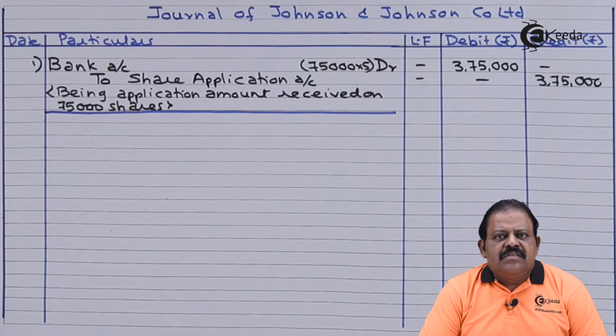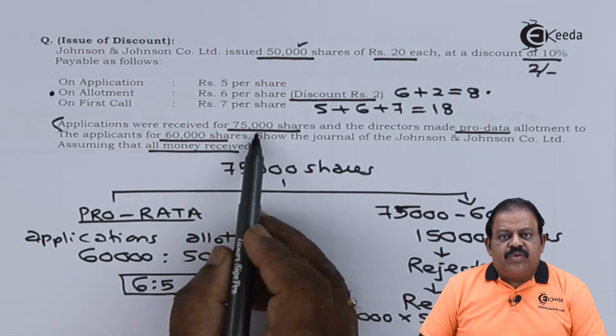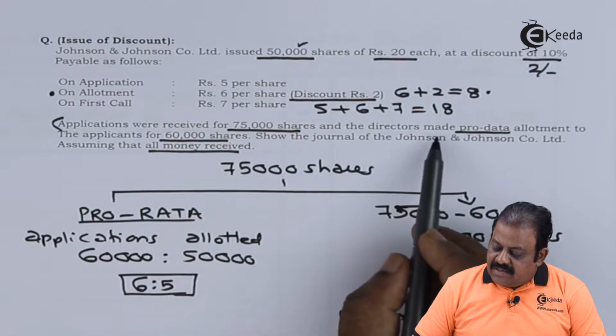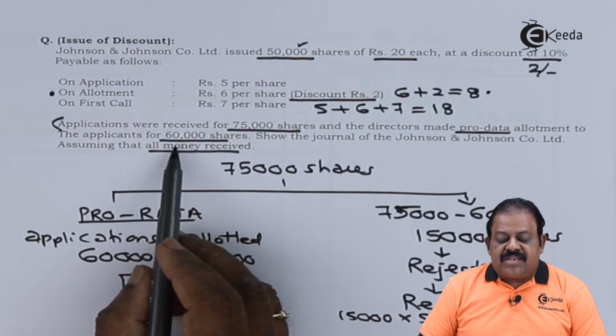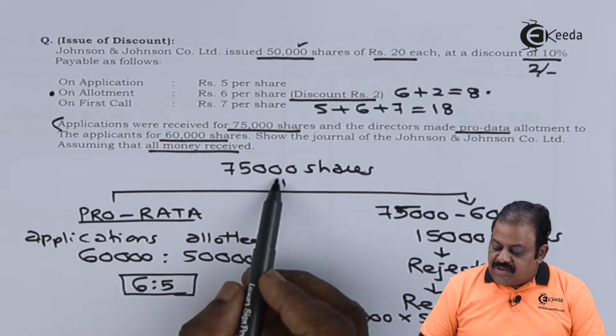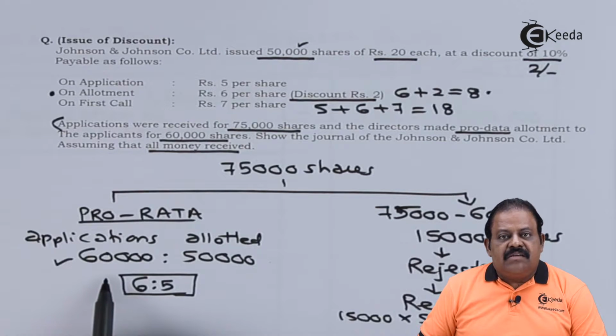Of this, certain applications are rejected by the company. We have done working note. Company has received application for 75,000 shares and directors have made pro rata allotment to the applicants of 60,000 shares. So out of 75,000 shares, only application for 60,000 shares are considered.